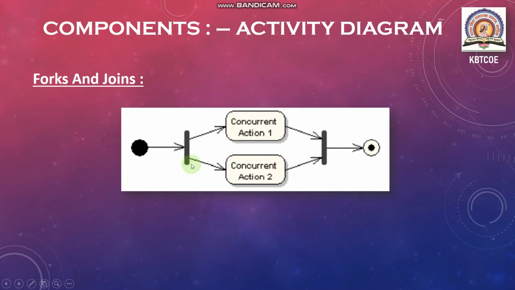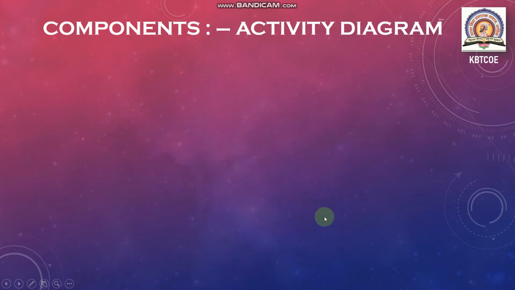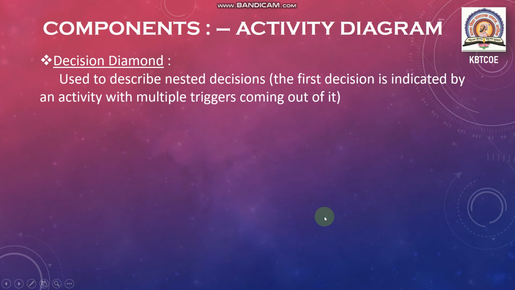At the synchronization bar, first fork takes place or branching out. In simple terms, we can define it as branching out in activity diagram where concurrent actions take place, and after these actions are performed successfully, they are joined and a single output is provided at the end of the activity diagram.